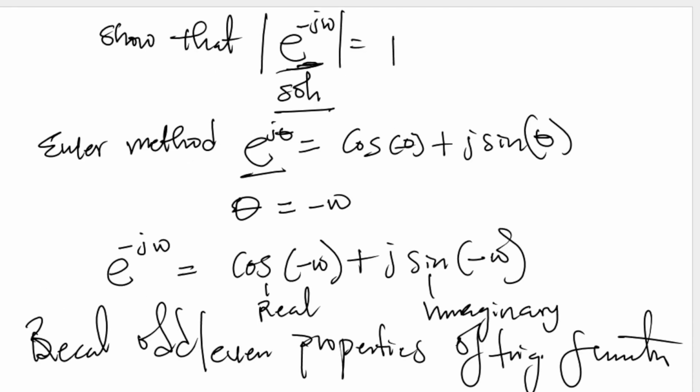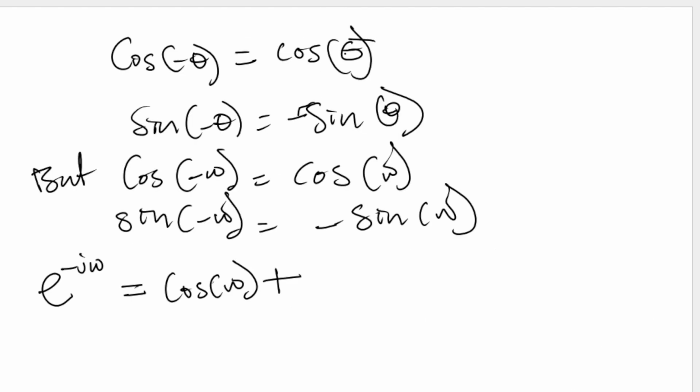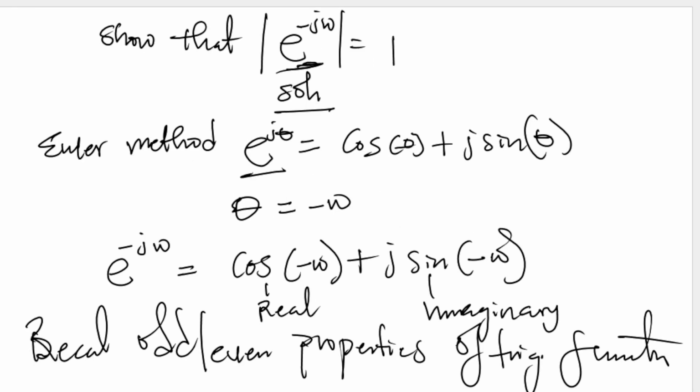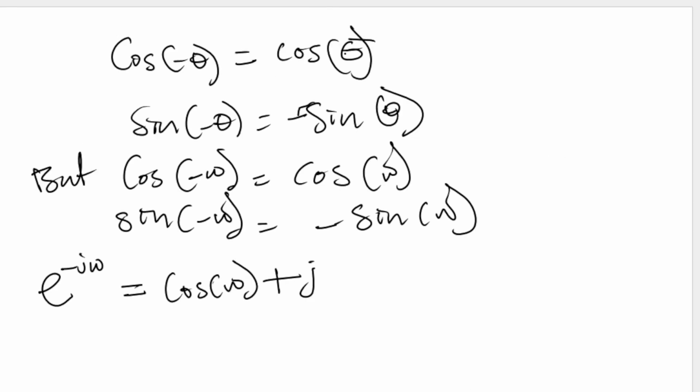Now we are having plus J into sine minus W. And what's the trig property of sine minus W? We've already gotten it to be minus sine W. So what we have here will now be minus sine W. Are we together?